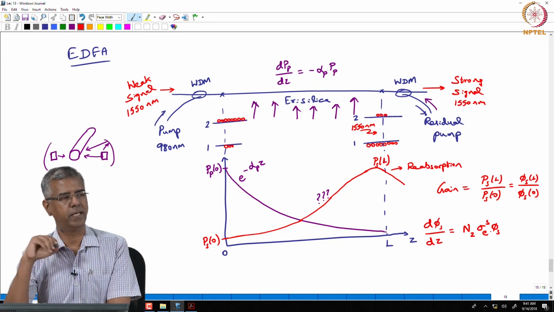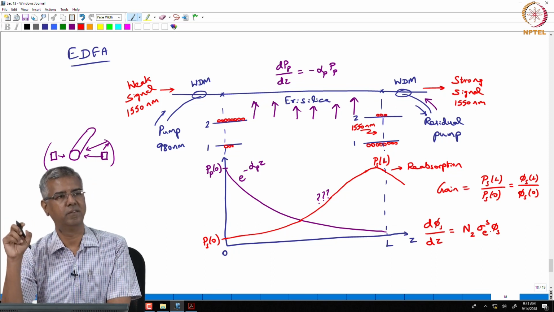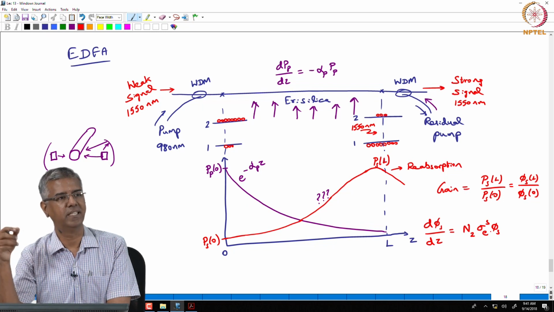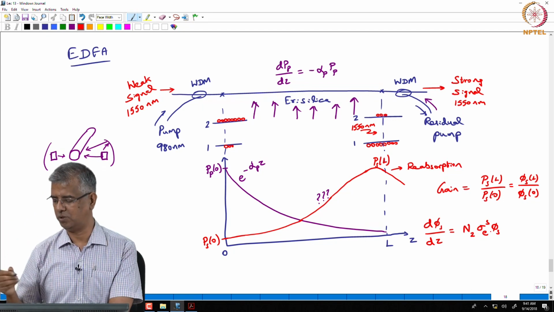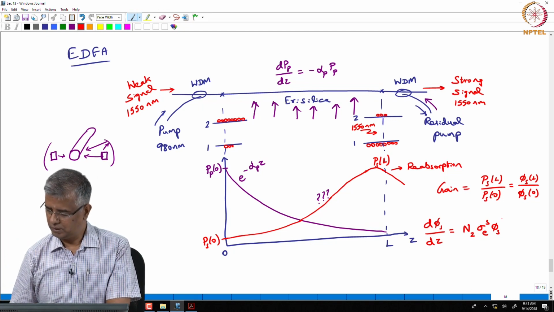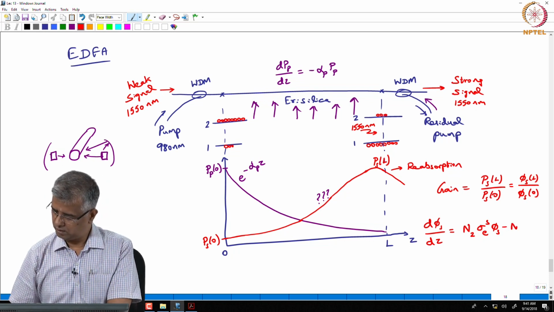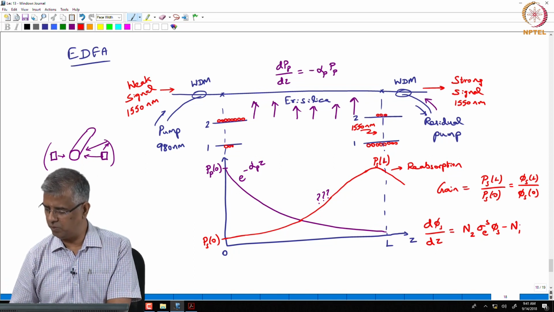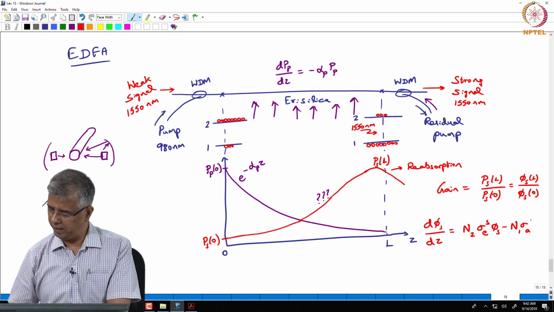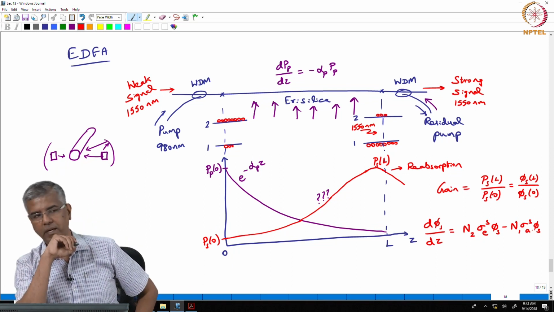Phi s is photons per second. The small phi s we are using as photon flux density, and this larger capital phi s corresponds to photon flux. So this minus the stimulated absorption term, which I would write as N1 sigma A S phi s at that particular point.